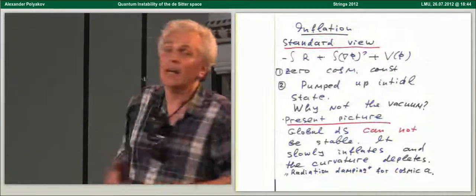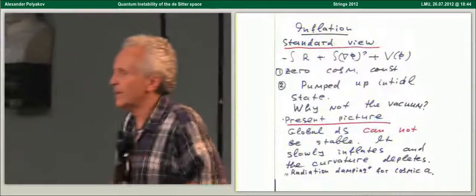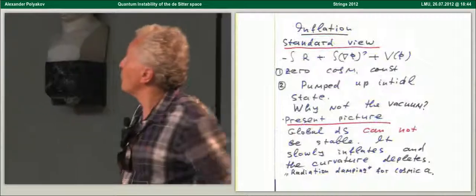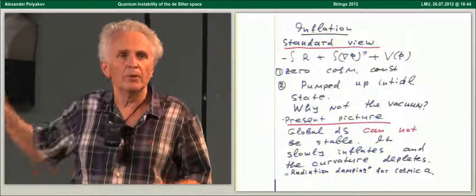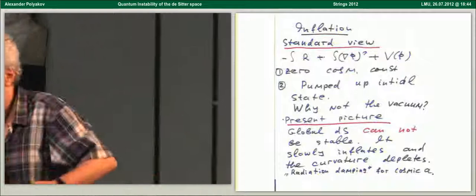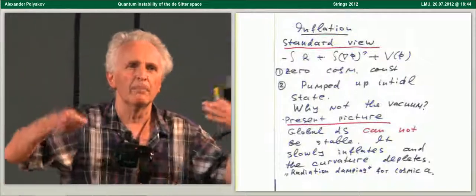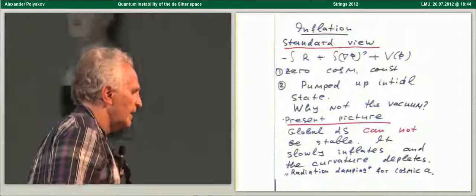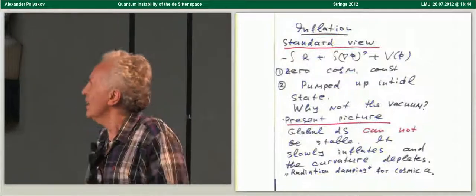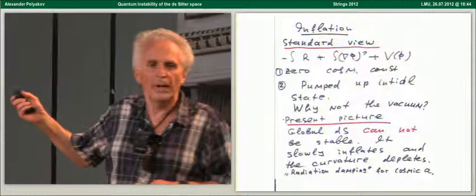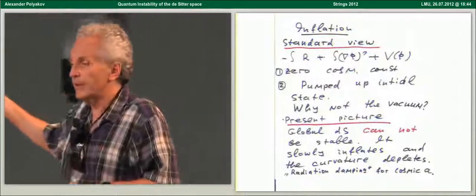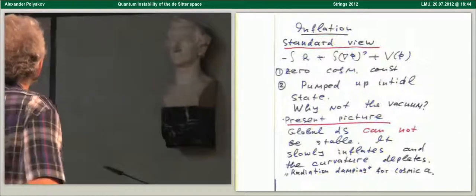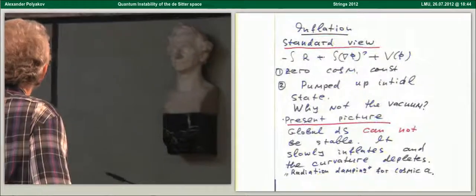I will be finishing. Actually, what I was trying to say, without much eloquence, is that in the global case, when you don't have the cosmological constant in inflation, you have to assume that somebody pumped up this system to some high excited state. What is unclear is who did it and why. When you go to the non-zero cosmological constant, then there is something like radiation damping.